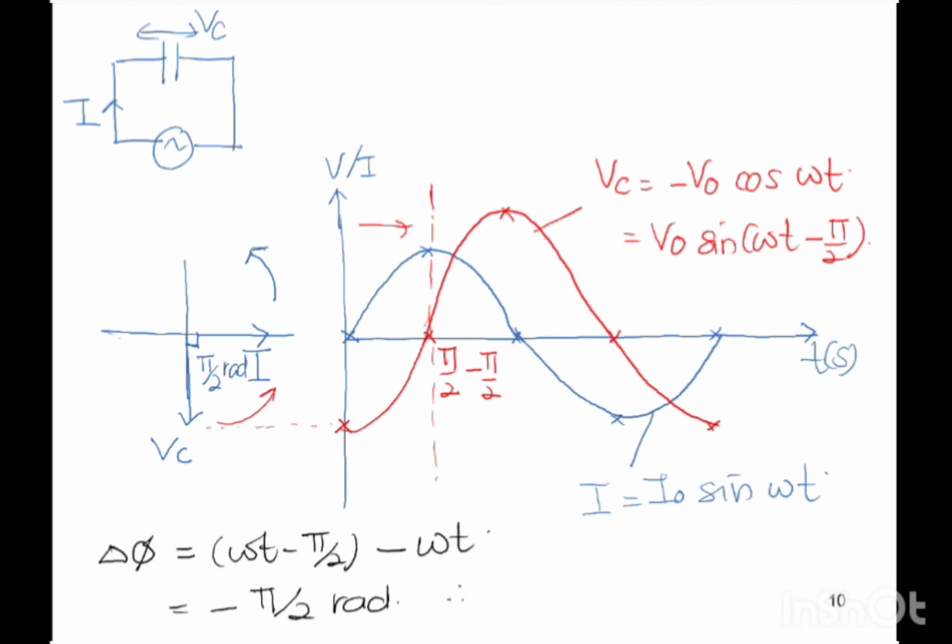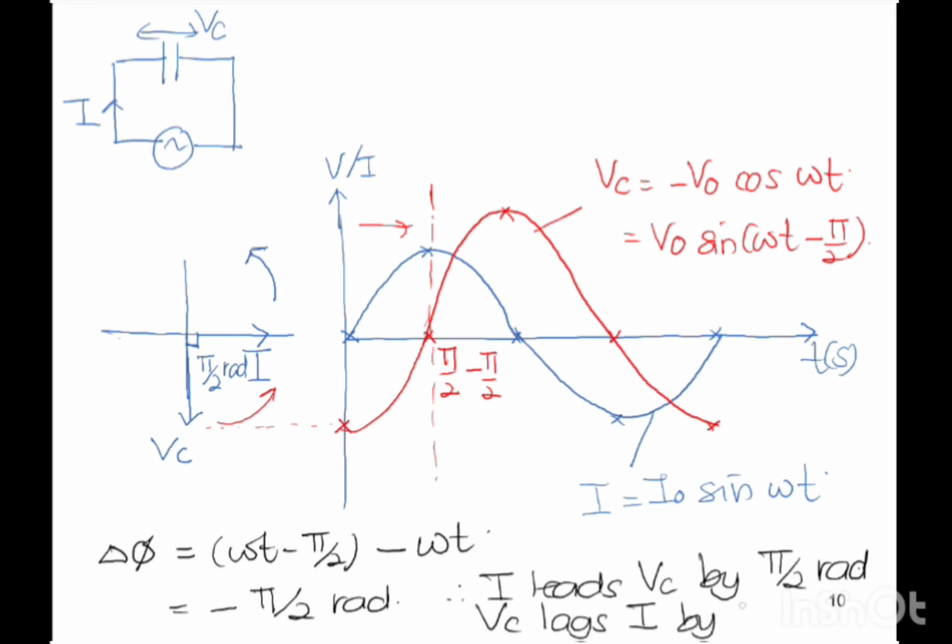Therefore, it shows that the current leads the voltage by pi over 2 radian, or the voltage lags the current by pi over 2 radian.